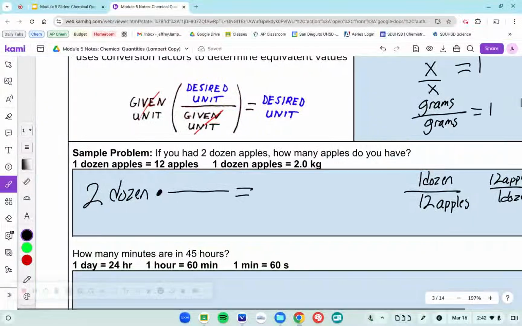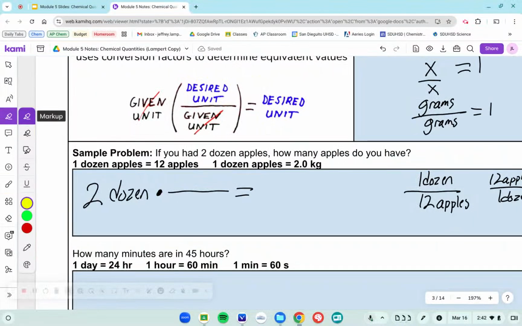Let's check. So if we look up here, in the problem, we are given there are 2 dozen. We are asked to find the number of apples. So our given unit is dozen. Our desired unit is apples. Y'all see that so far? Okay.